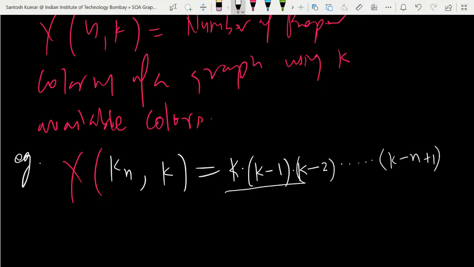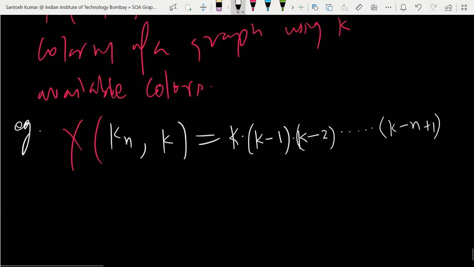If you notice, this is a polynomial in terms of k. You treat k as a variable, like the number of colors will be given, but you treat k as a variable. Then you see this is a polynomial in k having degree, so degree means highest power. The degree will be n actually. Okay.